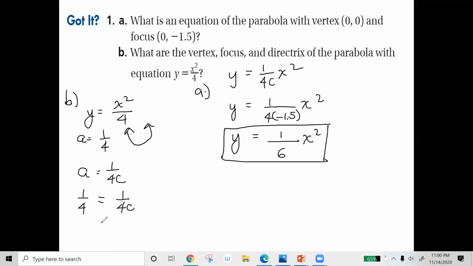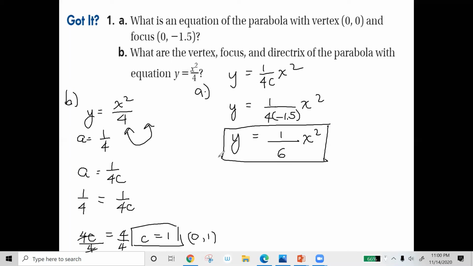Since we need to find c, or the focus, we will cross multiply. What is 1 times 4c? Great. And 4 times 1 is 4. Divide both sides by 4 to get c. So c is equal to, what is 4 divided by 4? 1. So it means our c is equal to 1, and our focus will be (0, 1).